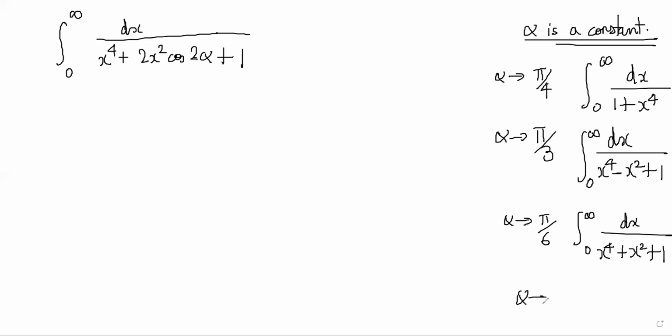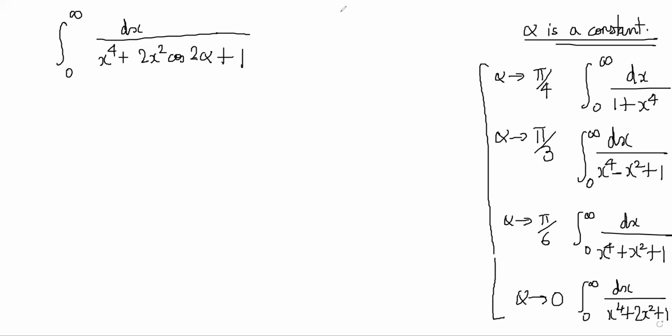And finally, if you take alpha is 0, then this becomes 0 to infinity dx by x power 4 plus 2x square plus 1. Obviously, you can get any number of integrals out of this because this just generally gives you a class of integrals dependent on the value of alpha.